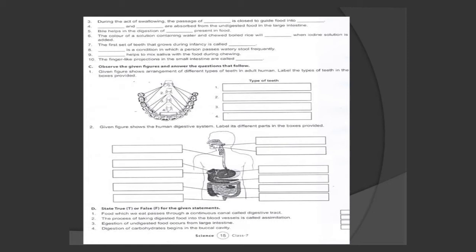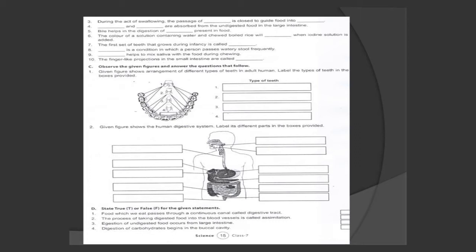Right? Then question 2. Given figure shows human digestive system. Label its different parts. First salivary gland. Second buccal cavity. Third stomach.